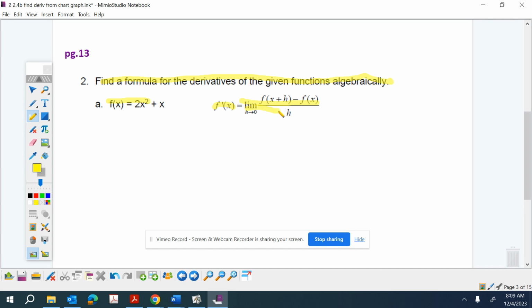So what this new formula is telling you is to plug in x plus h everywhere you have an x to get the first part of the denominator, and then simply to subtract f of x. F of x is 2x squared plus x. So after you plug in x plus h into the given equation, you are simply subtracting that given equation and making sure you distribute the negative sign.